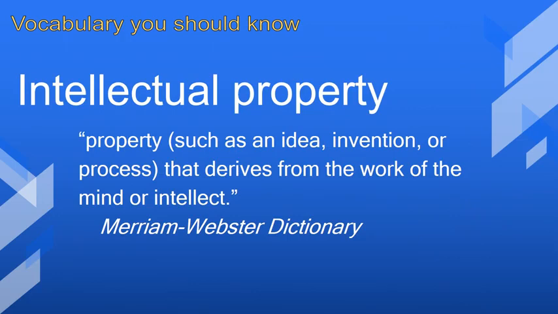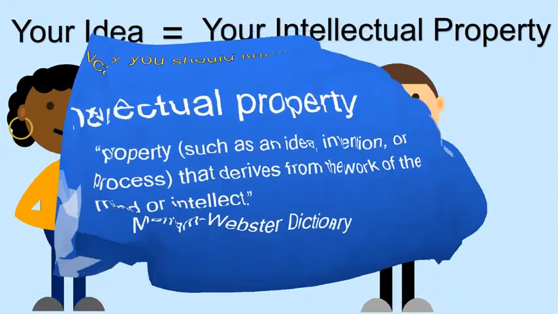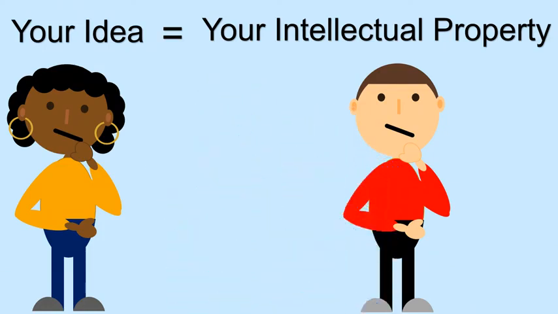The Merriam-Webster Dictionary defines intellectual property as property such as an idea, invention, or process that derives from the work of the mind or intellect. Your idea is your intellectual property.